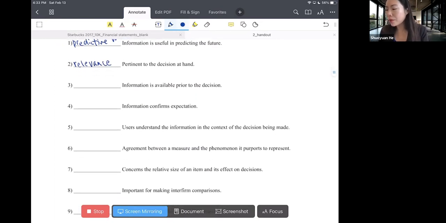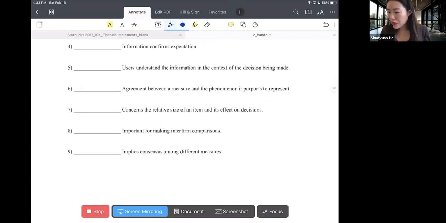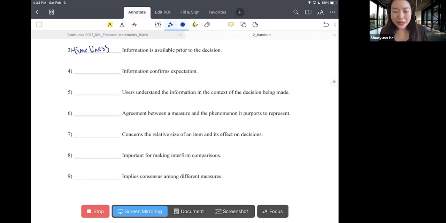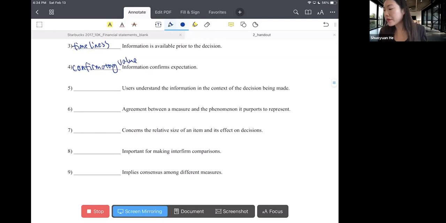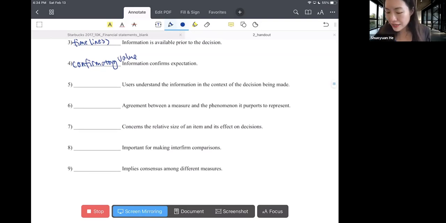Information is available prior to the decision. Timeliness. Information confirms expectation. Confirmatory value. Users understand the information in the context of the decision being made. That is understandability.